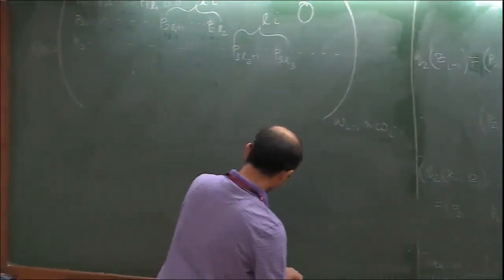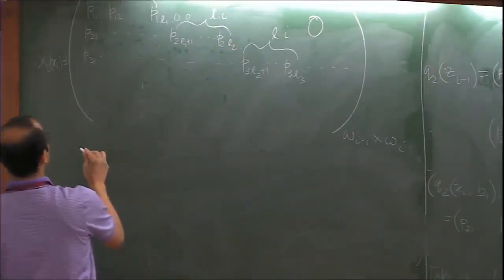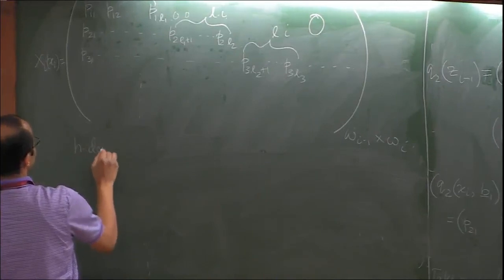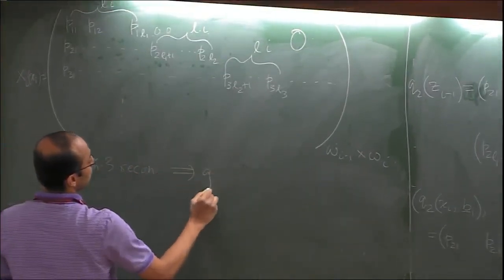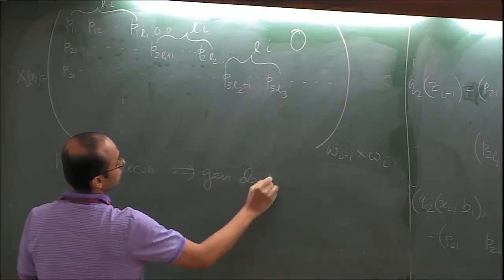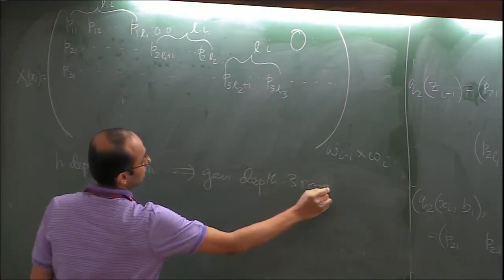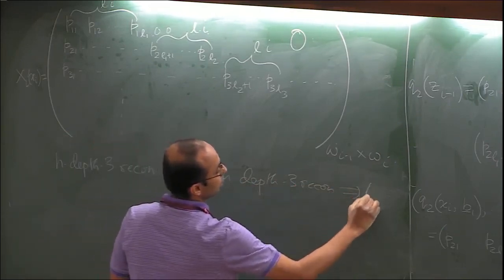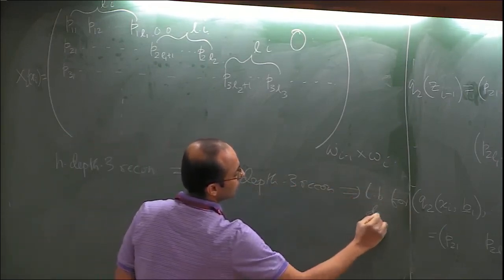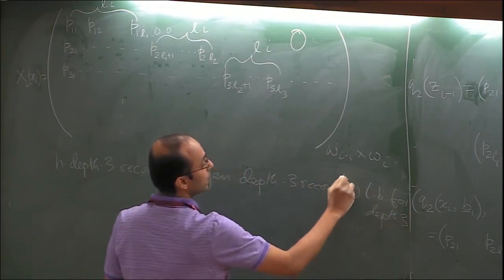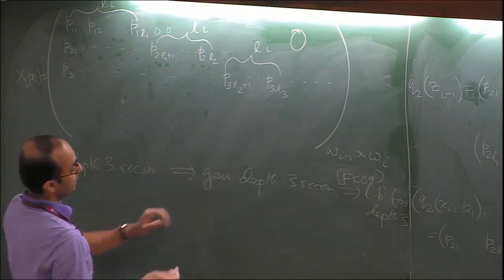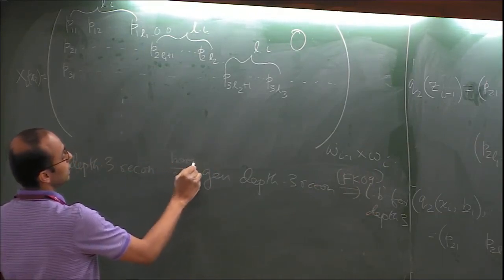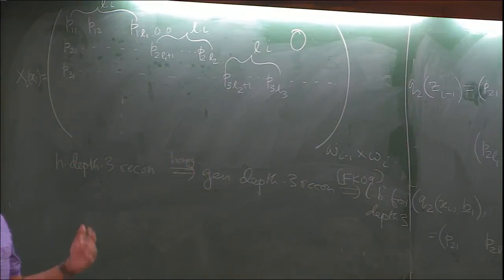The reason being that homogeneous depth 3 reconstruction implies general depth 3 reconstruction, which would imply a lower bound for depth 3. If you recall that connection, Fortnow-Koiran's result, this implication happens by an easy homogenization trick. You can homogenize the circuit and then construct a homogeneous depth 3 circuit for that.